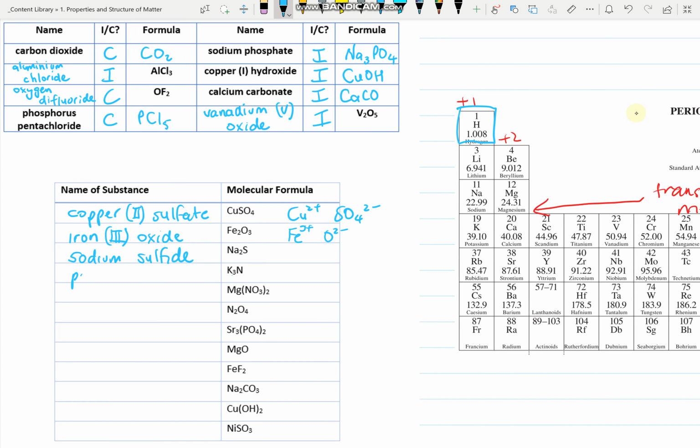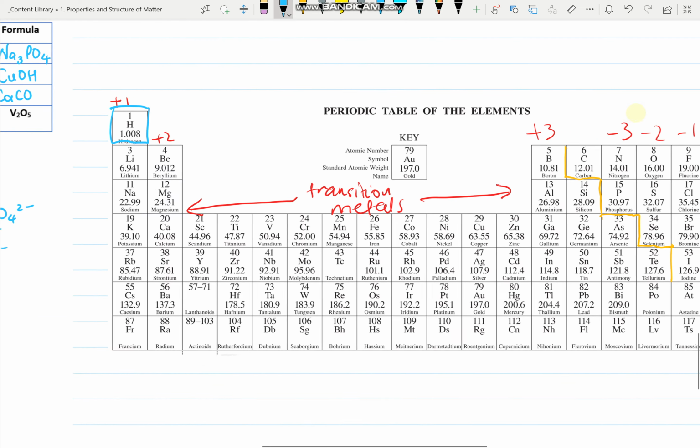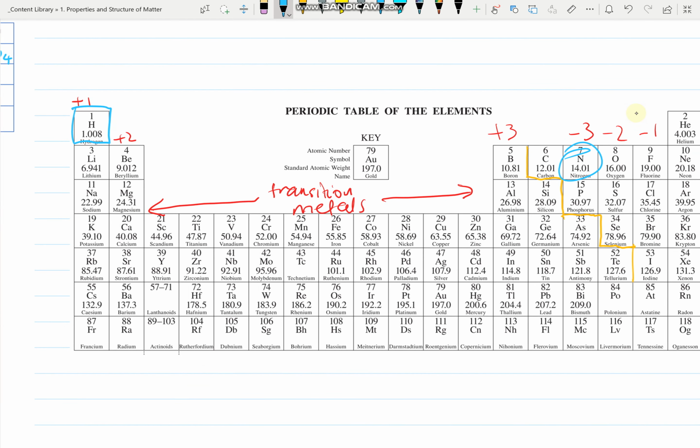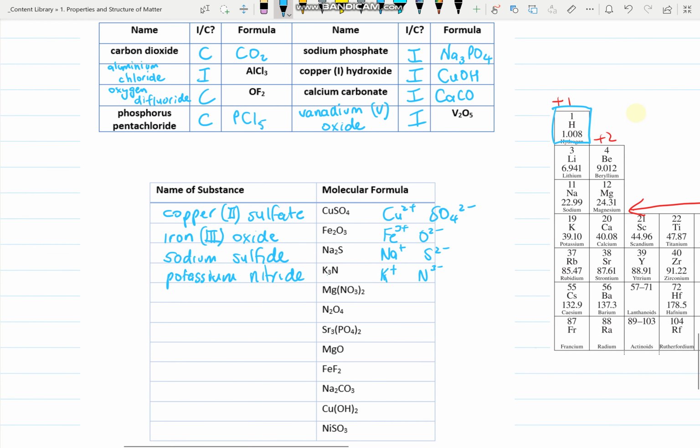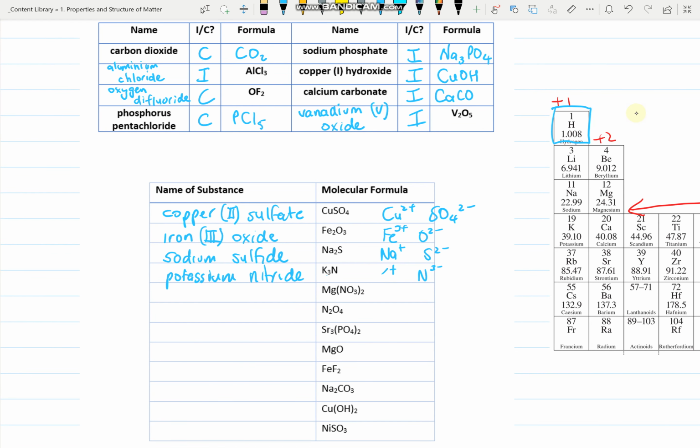So potassium and nitride. And the reason why I should have done this, sodium plus sulfur 2 minus. Group 1 for potassium, nitrogen's in group 5 over here, so it's going to be -3. 3 minus, right? Clean that up.